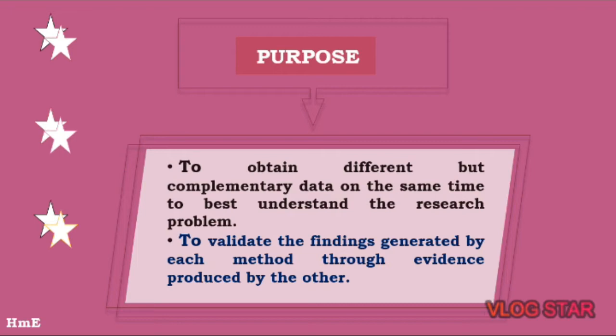To validate the findings generated by each method through evidence produced by the other. So this method or design helps the researcher to validate or to confirm or to check the validity of the findings of each method, that is the quantitative and qualitative.